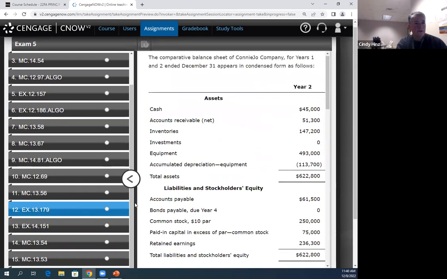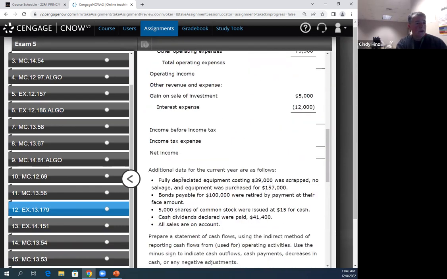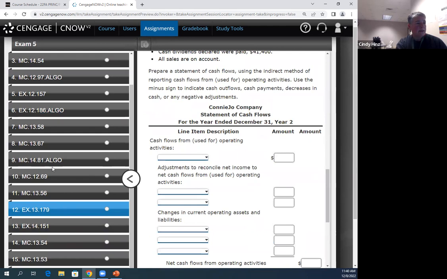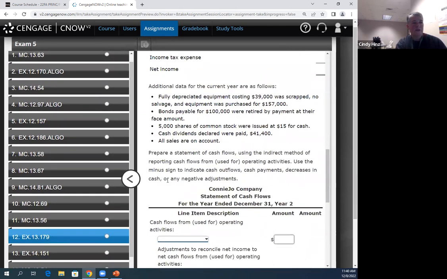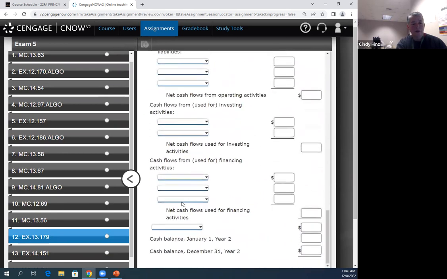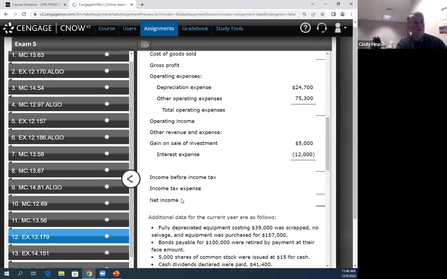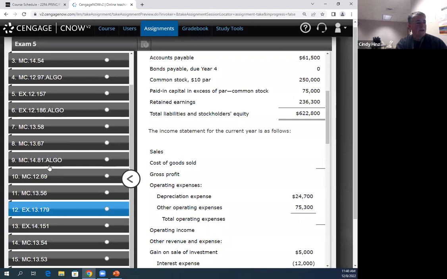So exercises related to analyzing a company's financial statements. You can see here, there's an exercise where you need to do a full cash flow statement. That should be expected.